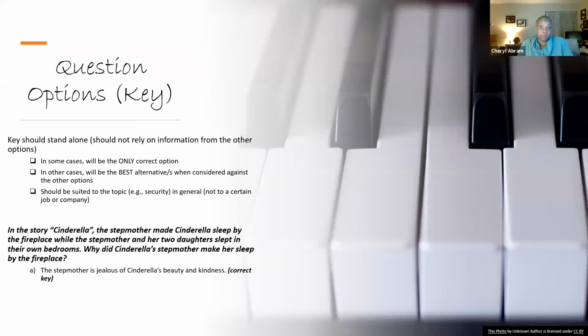That's the answer. Now, if you know the story of Cinderella, you're going to have an idea of why the stepmother did this, even without choices. But if you've never read that story, there's other things you're going to have to rely on to help you get to this choice.